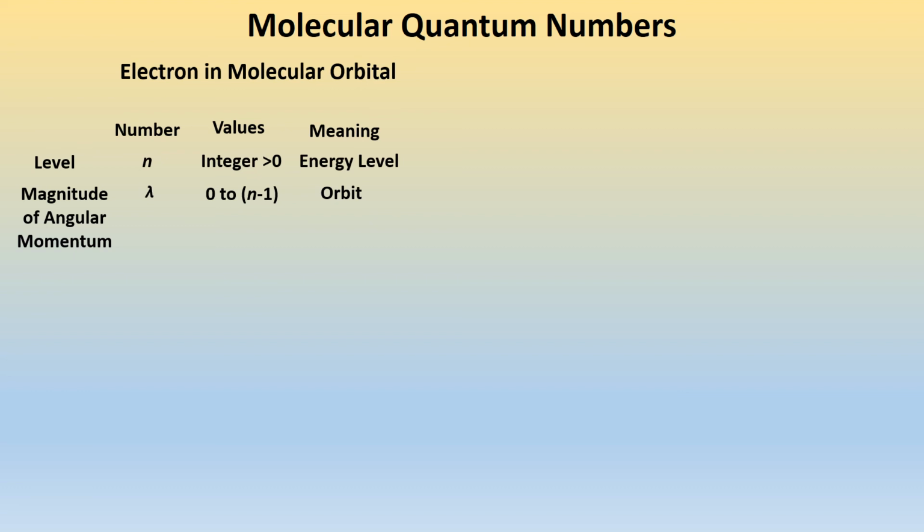So instead of an s equals 0, one has a lambda equals 0, producing, instead of an s orbital, a sigma orbital. When lambda equals 1, one gets a pi orbital, which is the Greek equivalent of p. For lambda equals 2, a delta orbital, or the Greek letter for d. For lambda equals 3, a phi orbital.